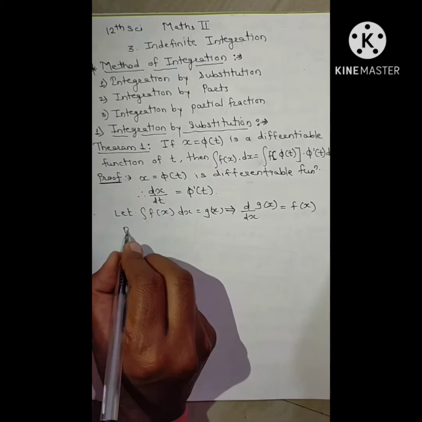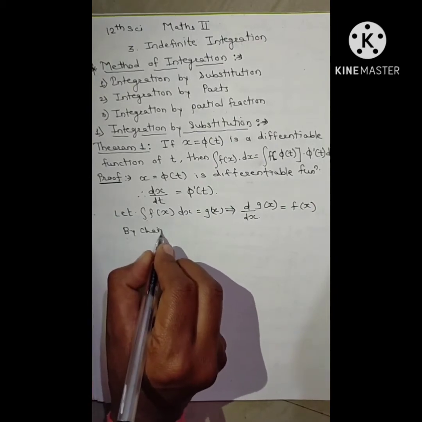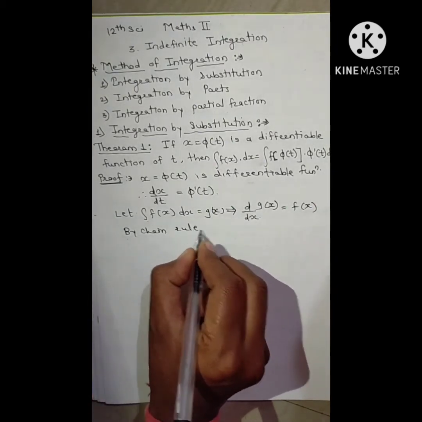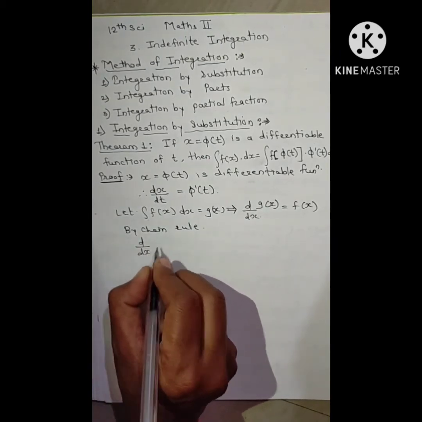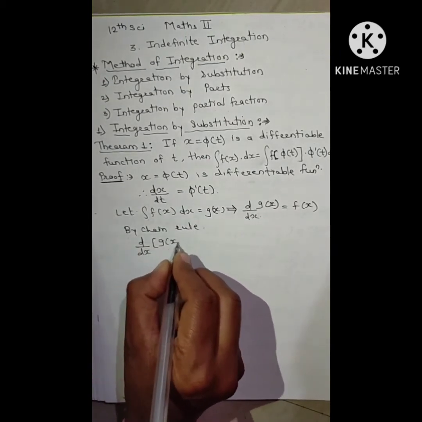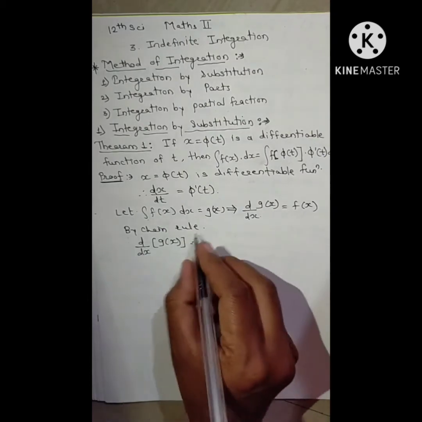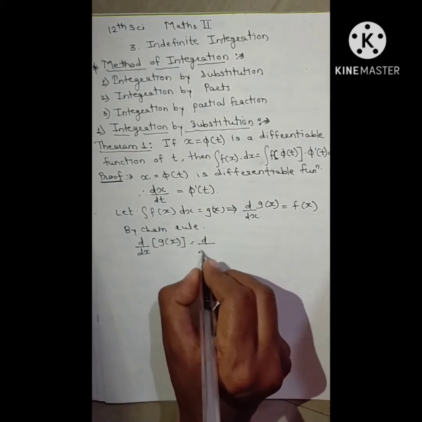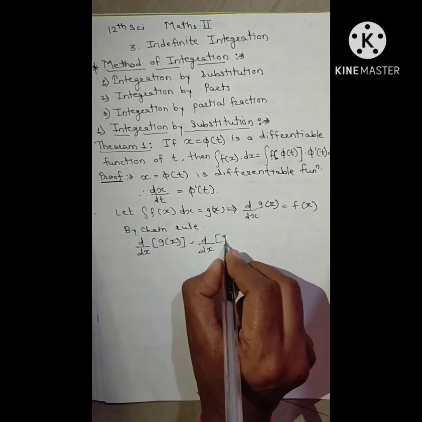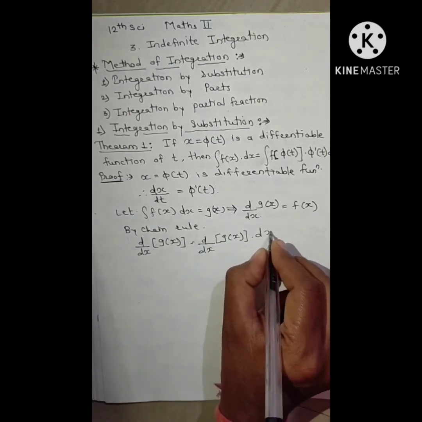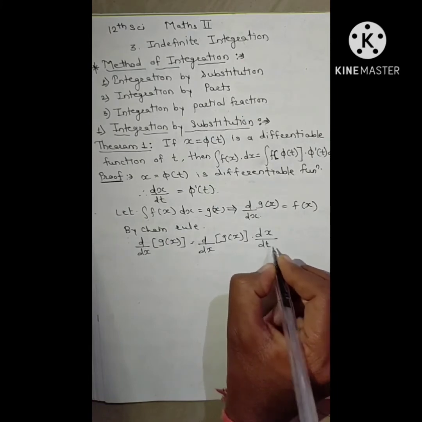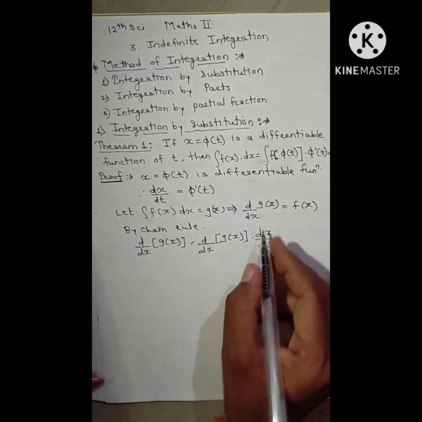Now by chain rule, d by dt of g of x is equal to d by dx of g of x into dx by dt.